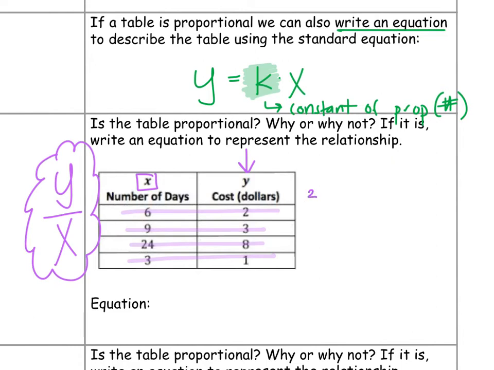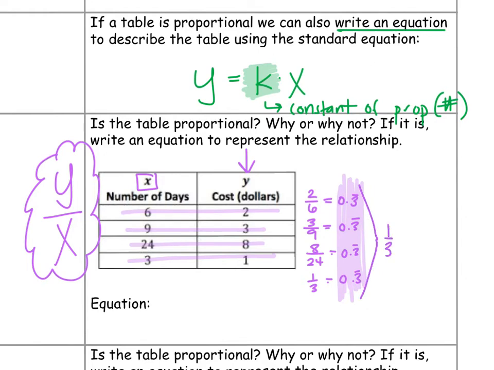So 2 divided by 6 equals 0.3 repeating. Remember, you can use a calculator. 3 divided by 9, 0.3 repeating. 8 divided by 24, 0.3 repeating. 1 divided by 3, 0.3 repeating. So, in each case, I ended up with the same thing. And it's important to note that 0.3 repeating is really just 1/3.